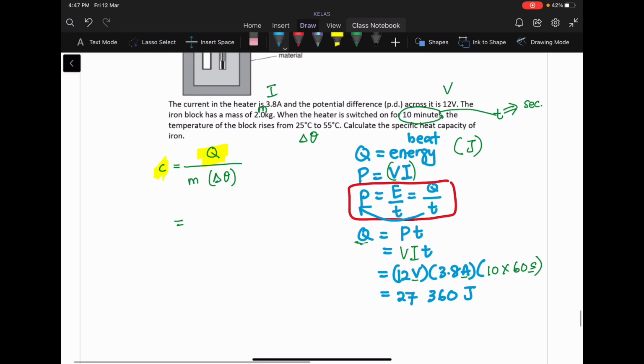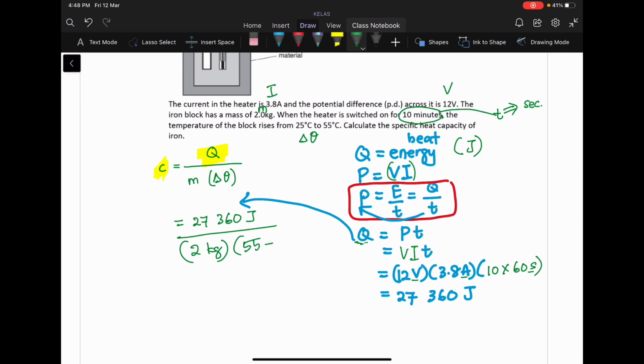So that is not yet the answer. That is only Q. Now we substitute here: 27,360 joule per mass 2 kg, and the change in temperature, 55 minus 25 degrees Celsius.